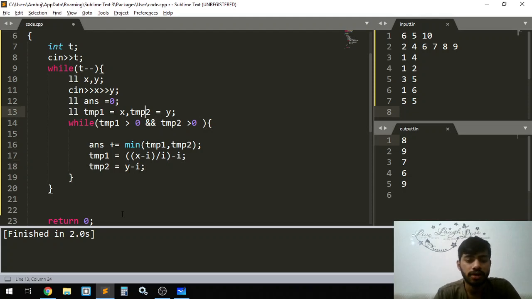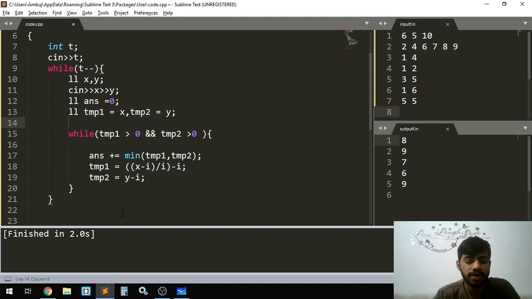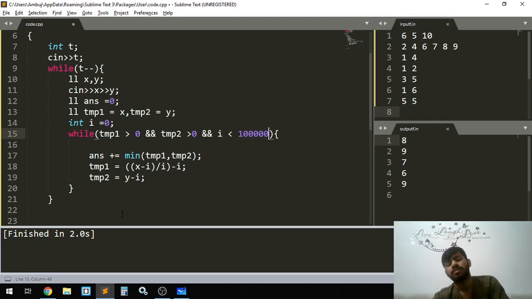Now declaring int i equals 0. Just as a precaution, we should not cross i of 10 to the power 5, because before that, either temp1 or temp2 will become 0 and the answer must be there.